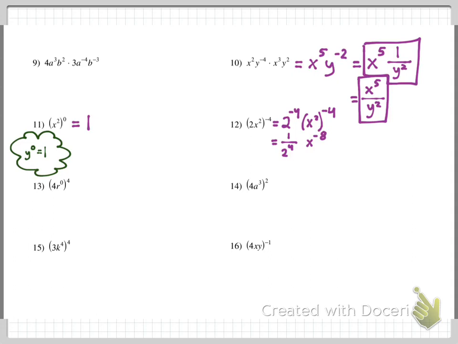So 2 times negative 4 is negative 8. This can be written in the denominator, so we could write it like 1 over 16 and x to the 8th also in the denominator.